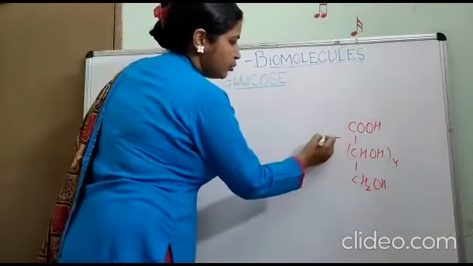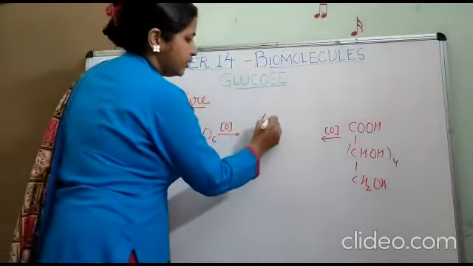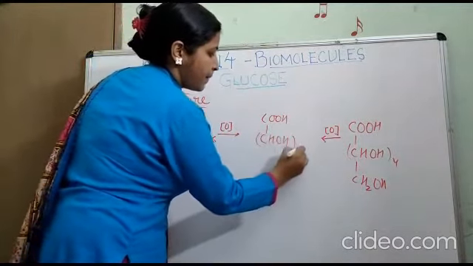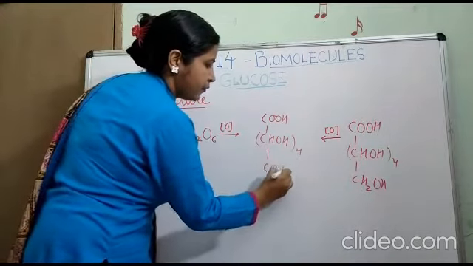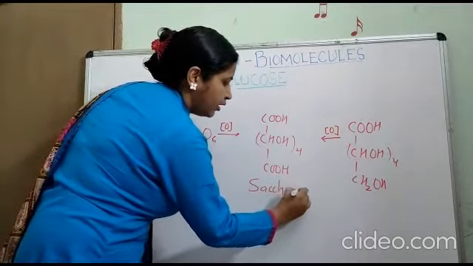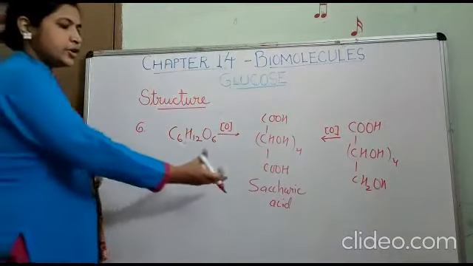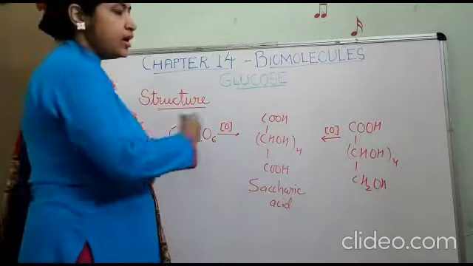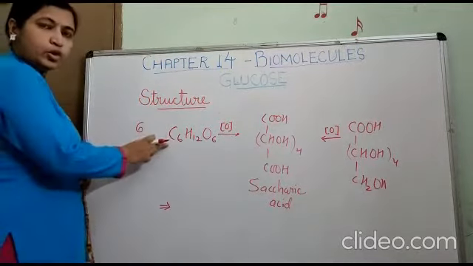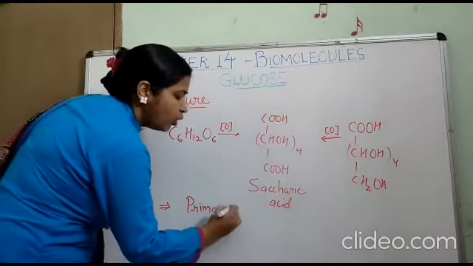So on oxidation, both these compounds give saccharic acid. Here, this is our saccharic acid. So on strong oxidation, we are obtaining saccharic acid. This observation indicates that in glucose, we have a primary alcoholic group.